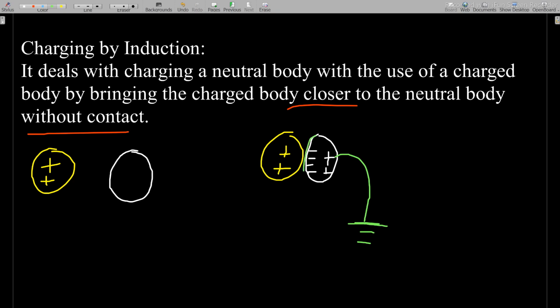The negative charges will be held here, and the positive charges will be moving away from the body to the ground.